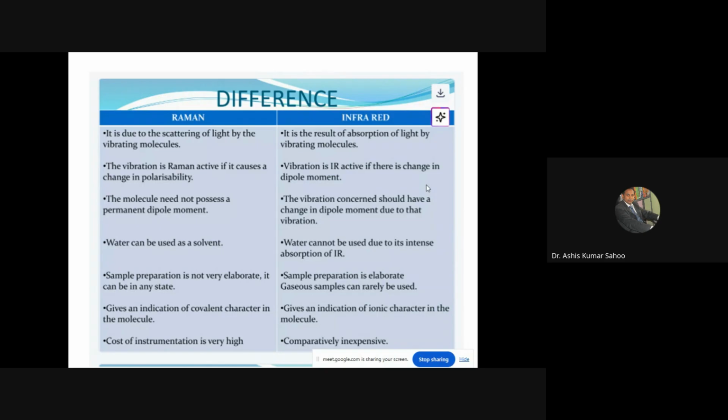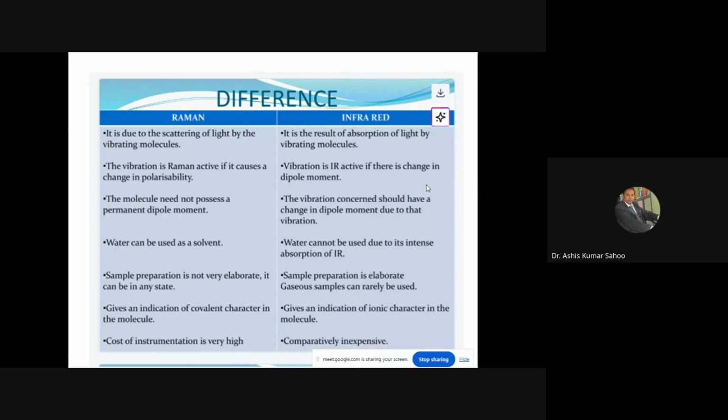In Raman, the molecule need not possess a permanent dipole moment, but in infrared spectroscopy, the vibration should cause a change in dipole moment.